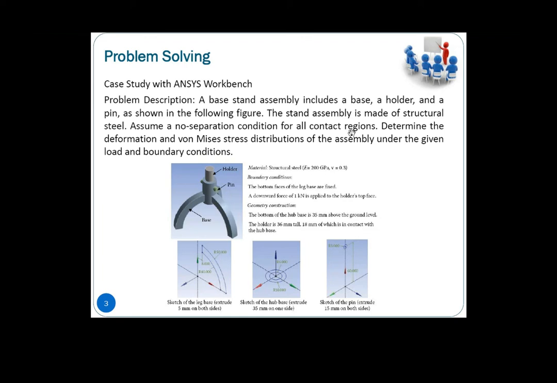But here it is assumed to be a no separation condition for all contact regions. Whatever the contact between the holder and pins, base and pins, base and holder itself, we are saying that it's not bonded; it is under no separation condition.